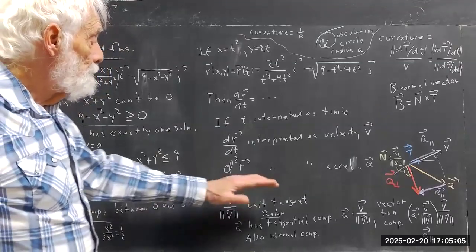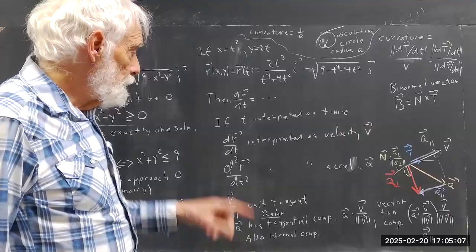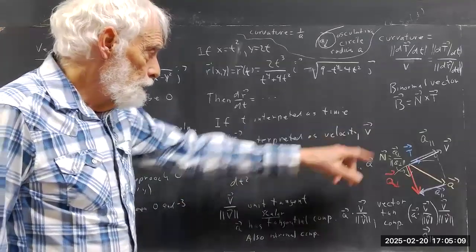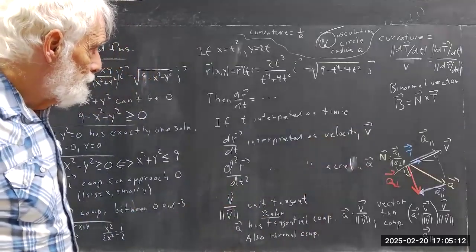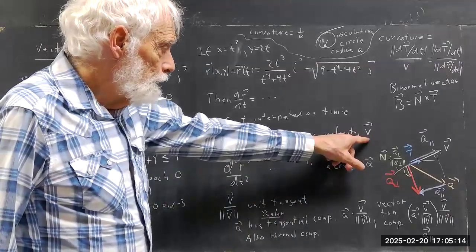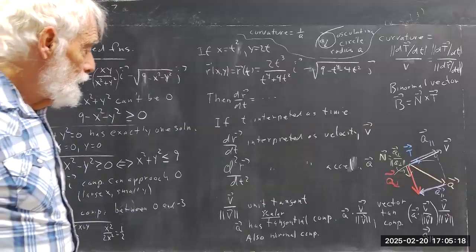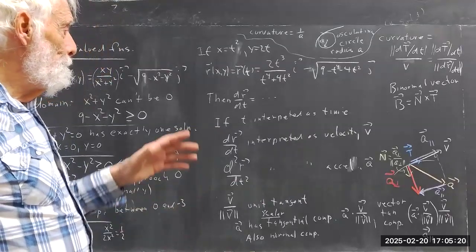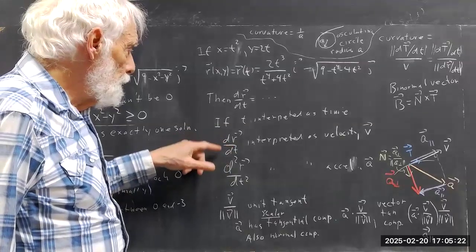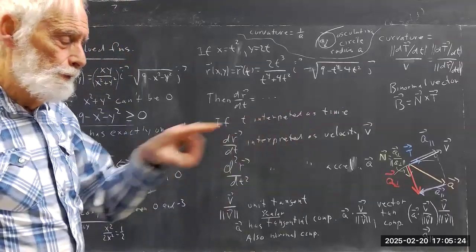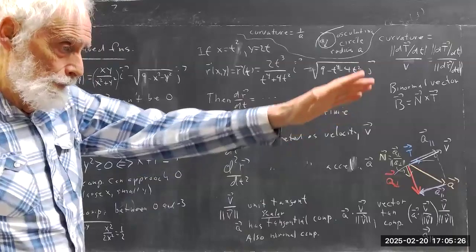Okay, well, if we now consider this dr/dt as being a velocity, or if we use v to stand for dr/dt, then first of all, dr/dt is in the direction of motion for moving along a path.